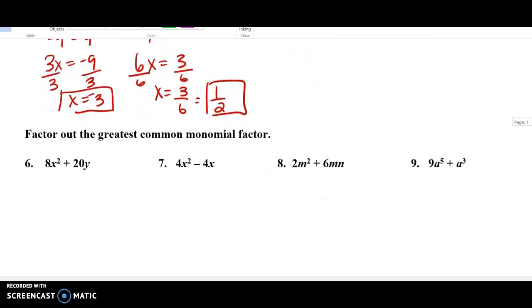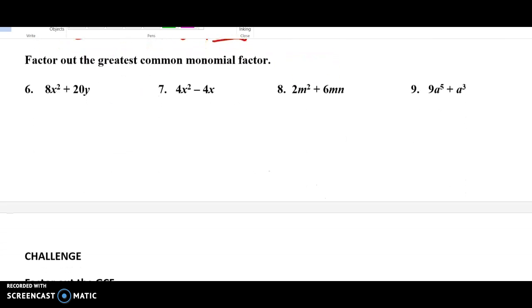Okay, now we're going to factor out the greatest common monomial factor. So the factors of 8x squared would be 2 times 2 times 2 times x times x. And 20y would be 2 times 2 times 5 times y.